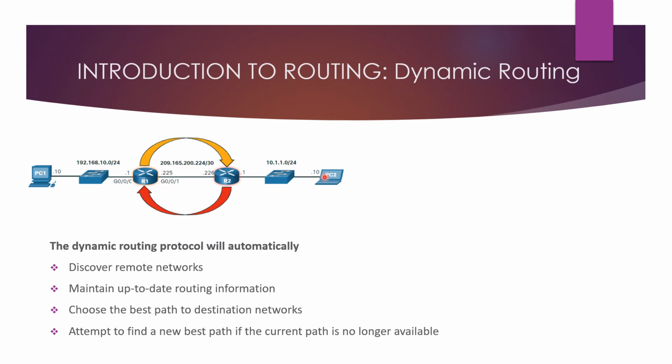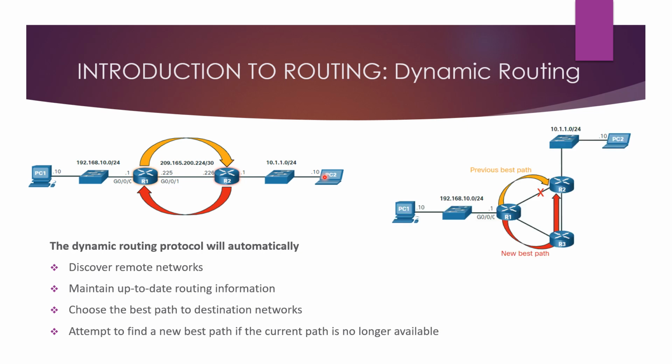When a router is manually configured with a static route or learns about a remote network dynamically using a dynamic routing protocol, the remote network address and next hop address are entered into the IP routing table. As shown in this figure, if there are any changes in the network topology, the routers will automatically adjust and attempt to find a new best path.